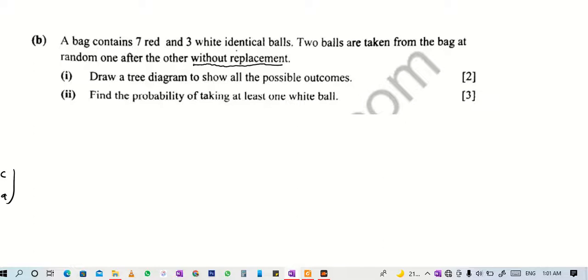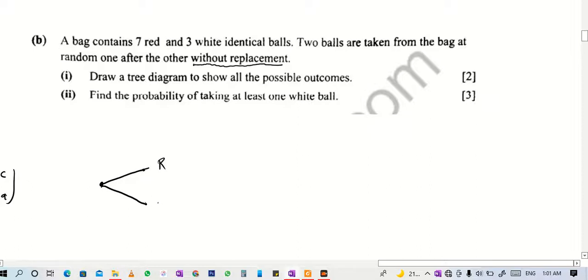So we are told to draw a tree diagram showing all the possible outcomes. This one is particularly easy. To draw a tree diagram, you start with a starting point, a dot, like so, and then here we have 2 possibilities. When a ball is drawn, it's either red or white.